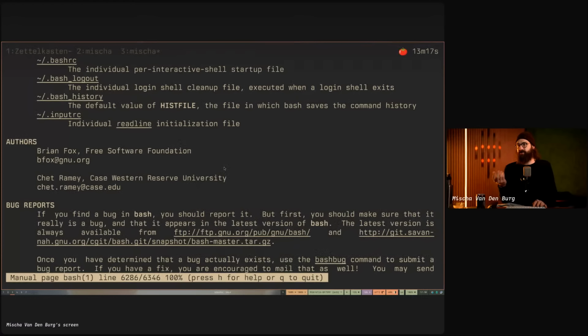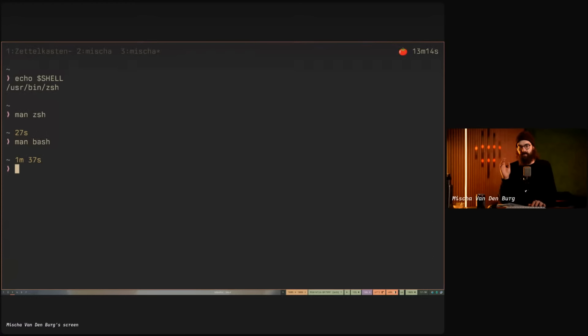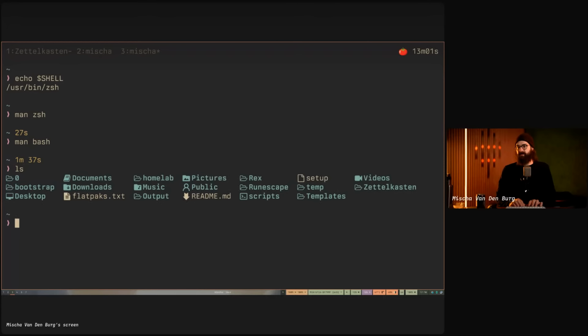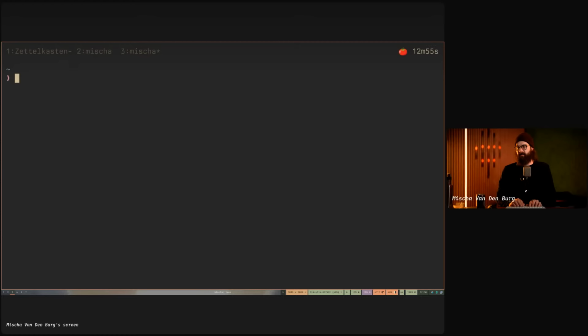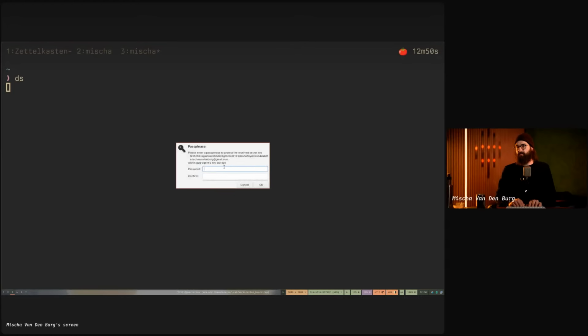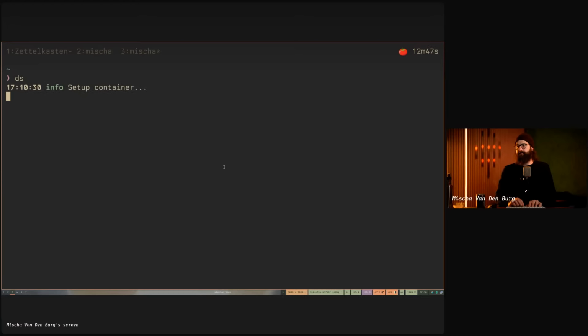Now, I changed my shell to Z shell after I had used Bash for many years as my only shell, and the only reason why I changed to Z shell is because completion is better. Do I have a command that would have good completion? If I go to home lab, no, this one doesn't have.